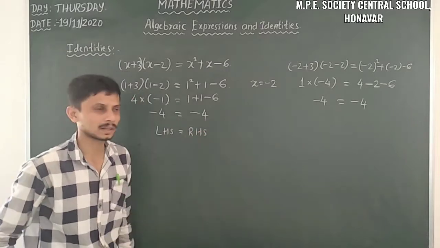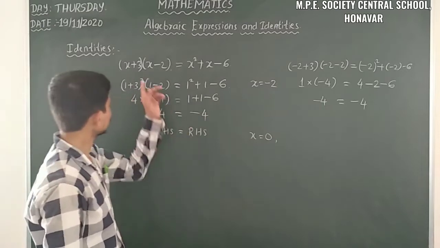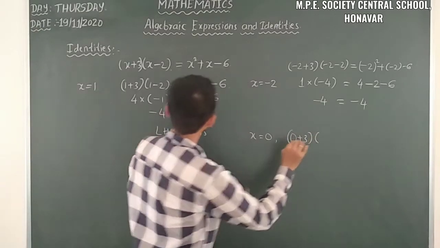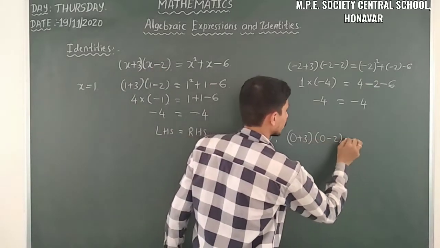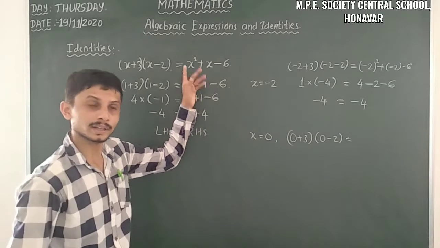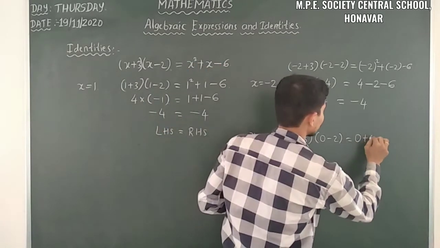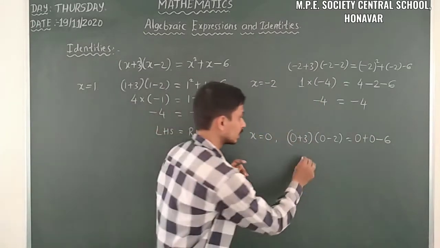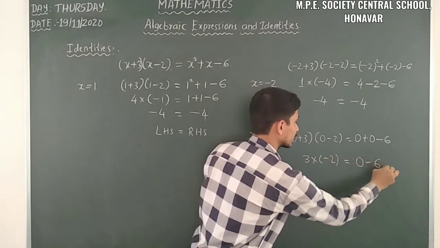Let us take any other number, x equal to 0. Then 0 plus 3 into 0 minus 2 equals 0 square plus 0 minus 6.